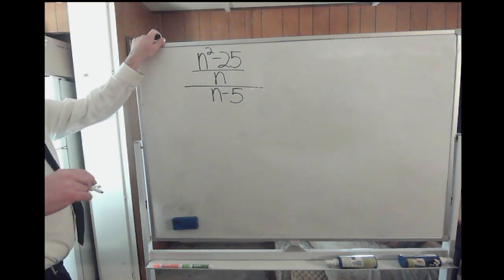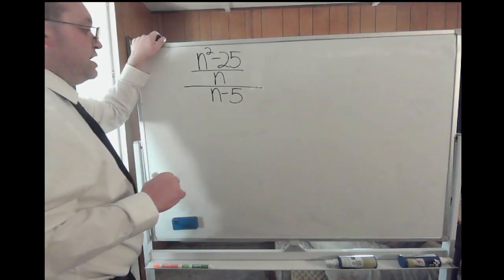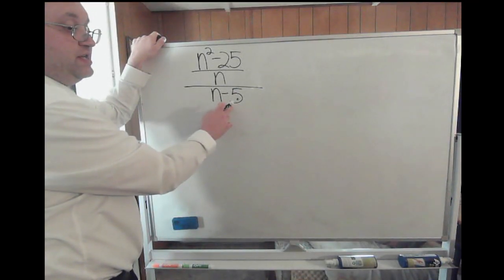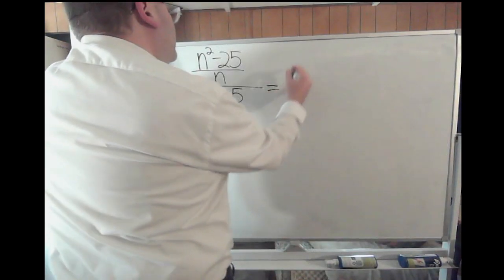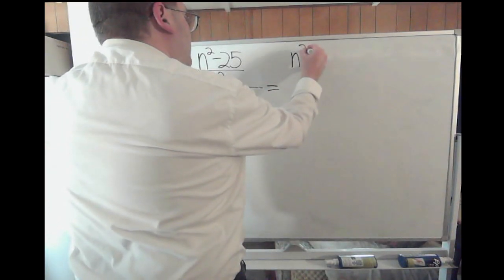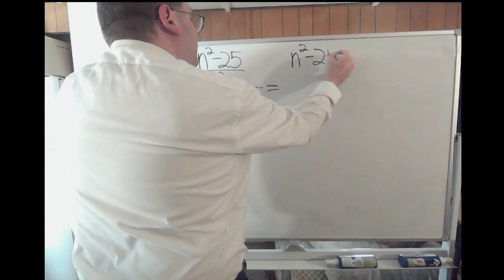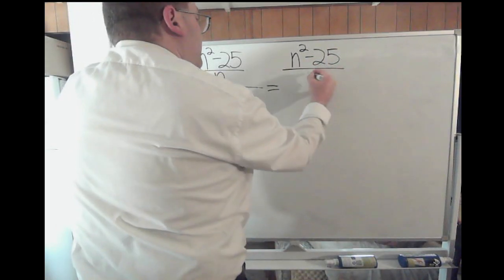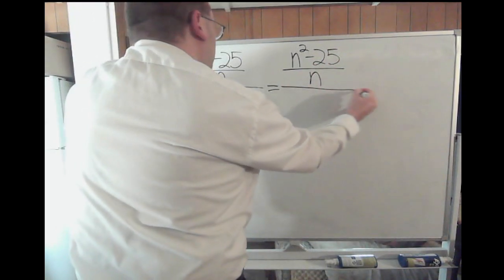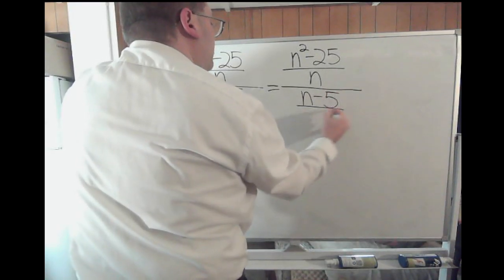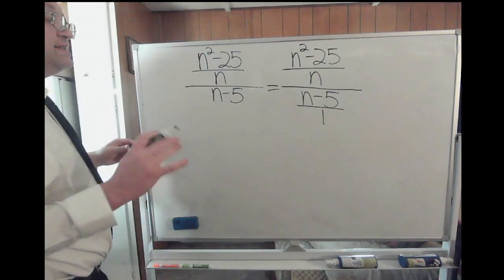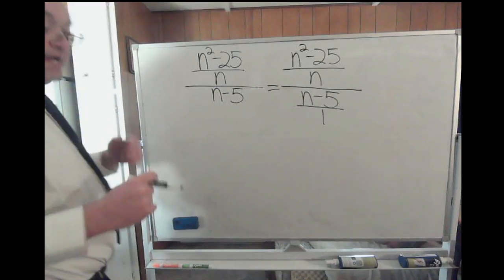One thing to realize: if you only see one expression in the denominator, you have a default denominator of 1. So this can be rewritten as n squared minus 25 over n, all over n minus 5 over 1. Okay?